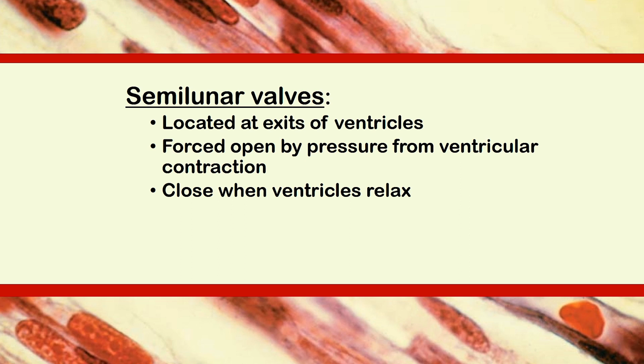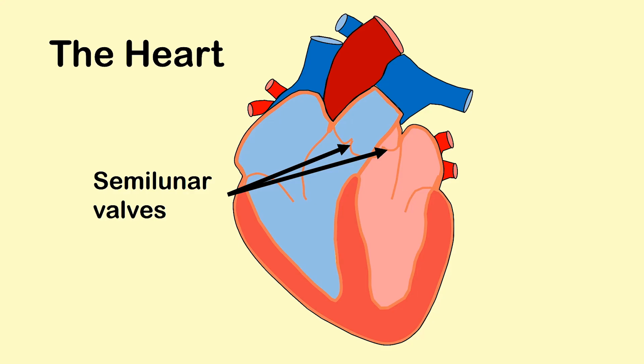The second set of valves that we want to talk about are going to be the semilunar valves. The semilunar valves are located at the exits of the ventricles as they move into the arteries. The force of the ventricular contraction will open these and will force blood from the ventricles into the arteries.